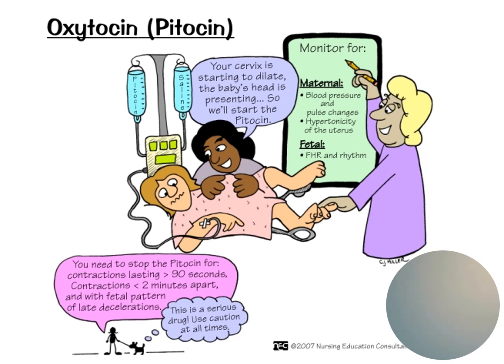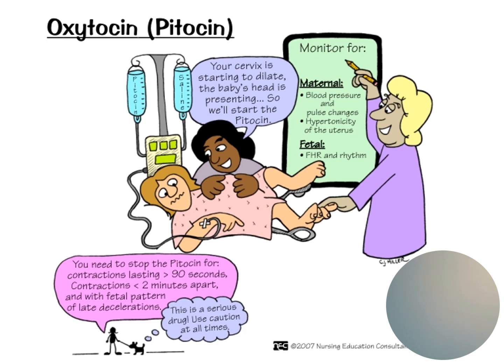So oxytocin, once again, it's a uterine stimulant. It is a natural hormone, but it is available in a synthetic form that can be given IV or IM. It's contraindicated with allergies, a hypertonic uterus, uterine prolapse, or any time a vaginal delivery is contraindicated.